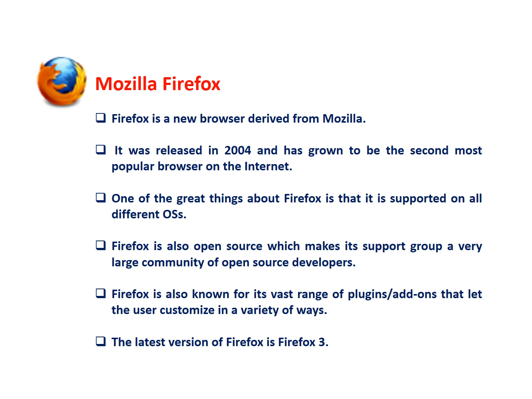Another browser is Mozilla Firefox. This browser is derived from Mozilla, and it was released in 2004 and has grown to be the second most popular browser on the internet. One of the good things about Mozilla Firefox is that it is supported on all different operating systems.